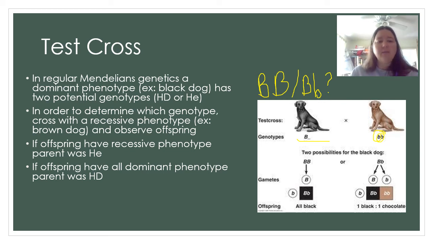If we have any recessive offspring, in this case any brown puppies, we know that this dog was heterozygous. However, if all of the offspring are black, we know that it's homozygous dominant. So a test cross allows us to figure out and isolate genotypes depending on what we want. It all depends on if we're looking for something in particular.